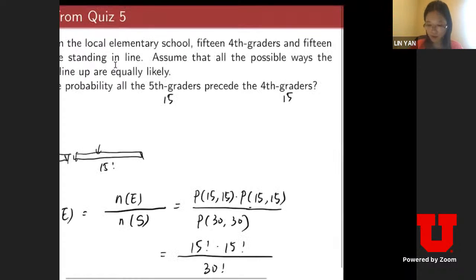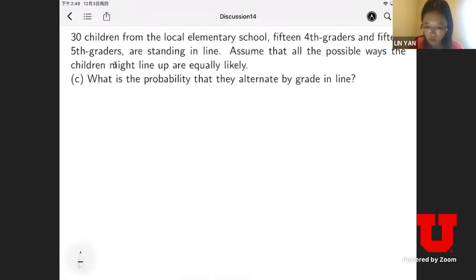And finally, we need to calculate the probability that they alternate by grade in line.